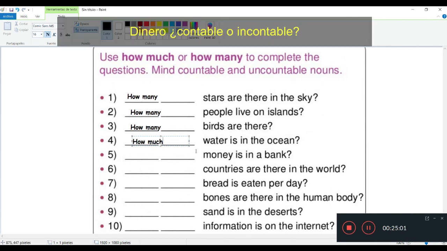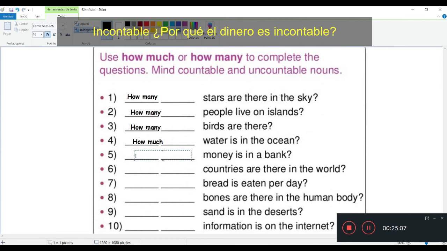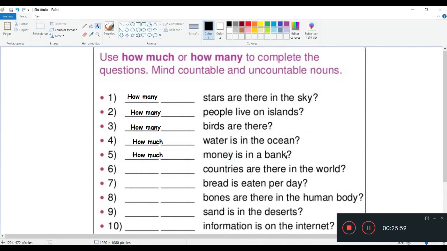Money. Countable or uncountable? Uncountable. Why is it uncountable? How much money? Why is money uncountable? We will have to count all the coins, all the pennies, todos los pesitos de 1, todos los pesitos de 10, de 100, de 50, los billetes de 5, de 1000, de 2000, de 10,000.